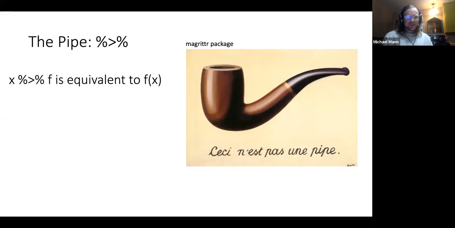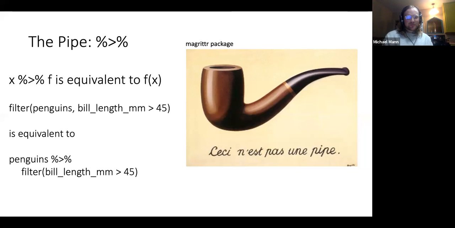And so the way you read this is that if you had some x piped to f, it's equivalent to saying f of x. So you're doing some function f to this x. As I was saying earlier, your first argument is always data, and then after that, you're doing something to that data in dplyr. dplyr is set up that way specifically to work really well with piping.